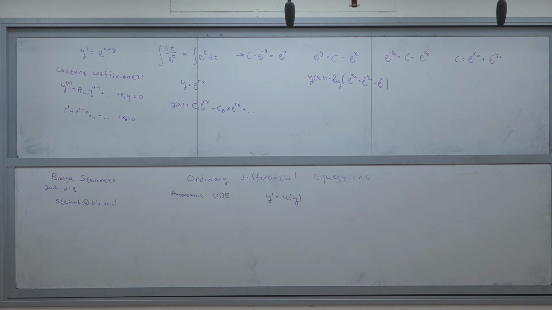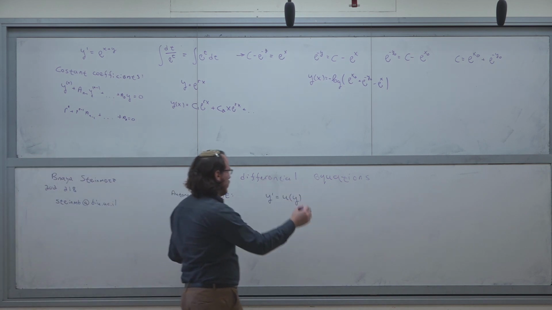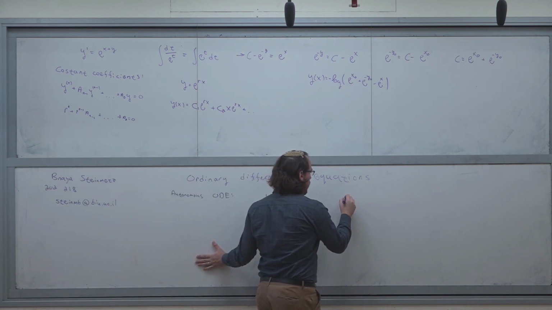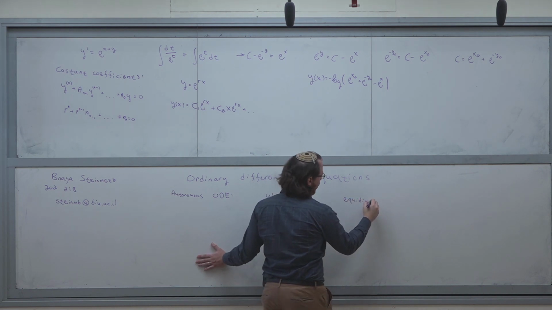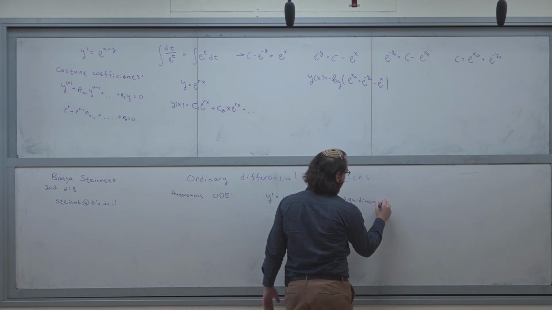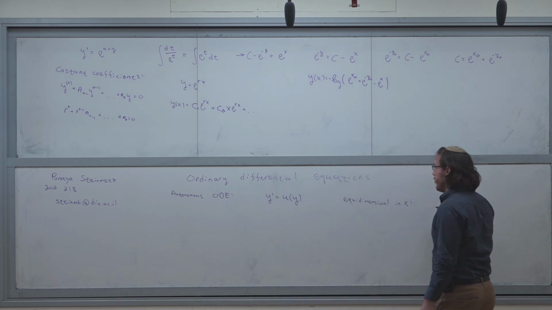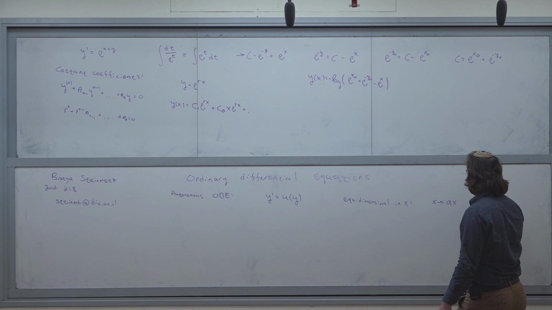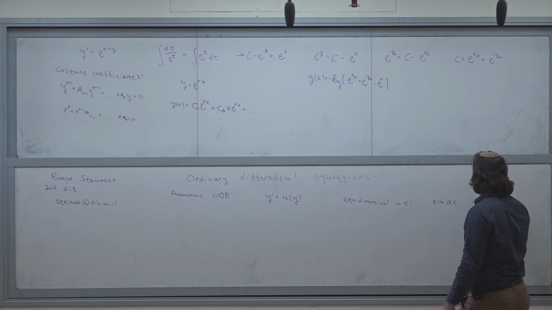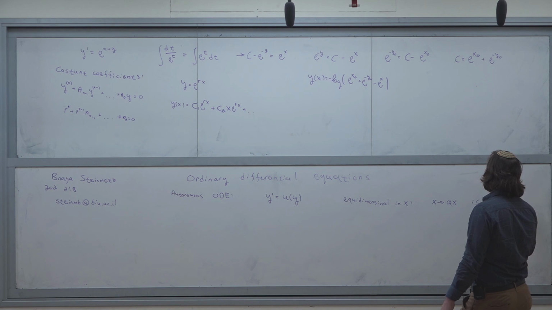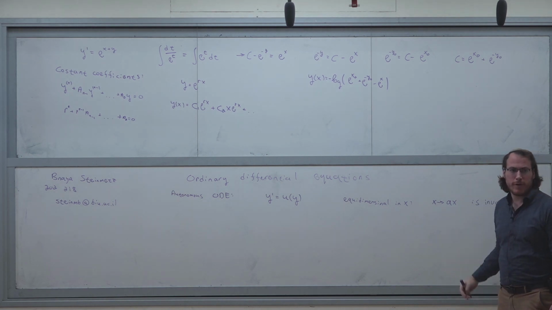So, an example I would give. There is something called equidimensional in x, which means that the equation is invariant under the scaling of x.